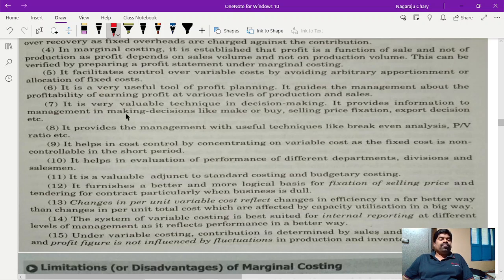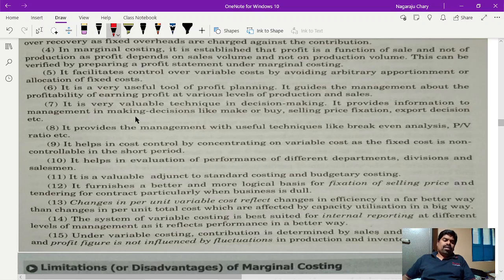And it is a very valuable technique in decision making because it provides information to the management in making decisions like make or buy, selling price fixation, and export decision making. So it is a simple and easy technique for the management. Fixed cost is fixed, so the decisions will be taken based on variable cost.